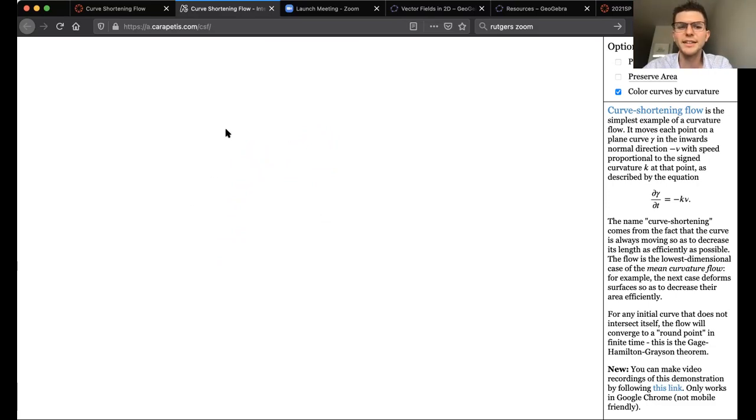What's happening is that you had a curve which was very irregular, right? Look at the curves that I'm drawing. And by using this flow, you're sort of homogenizing it. Does everyone see in what sense? It's becoming more and more pretty.